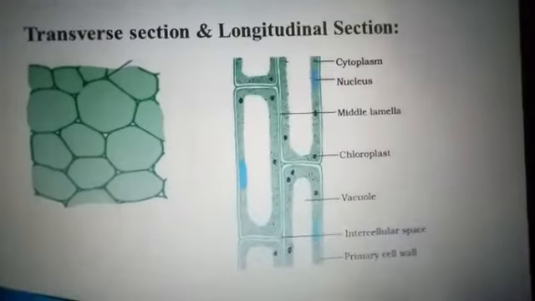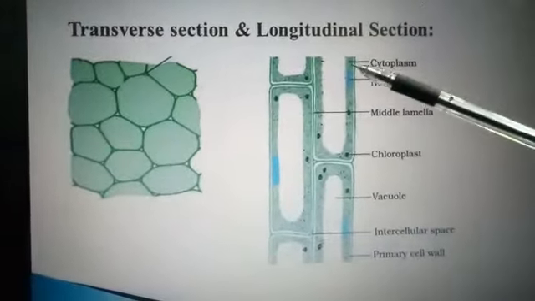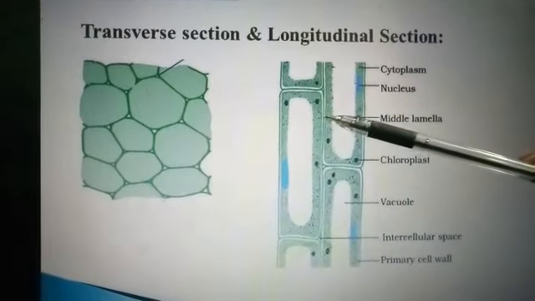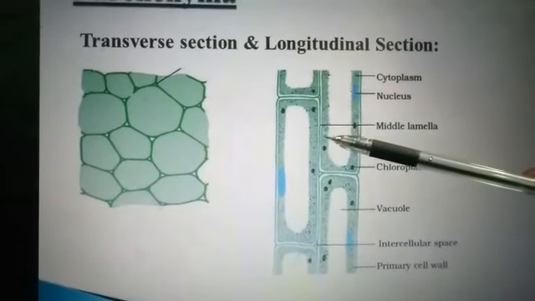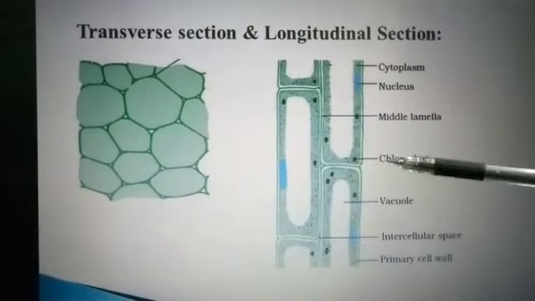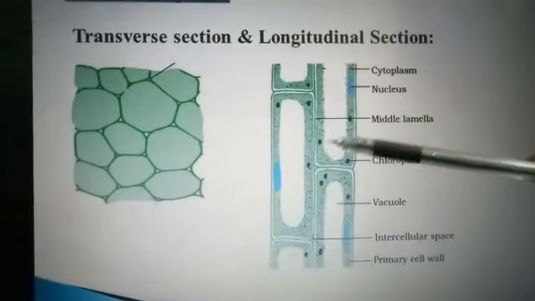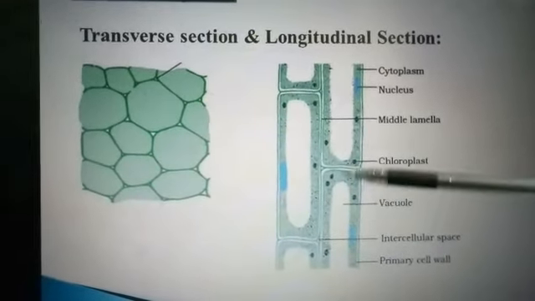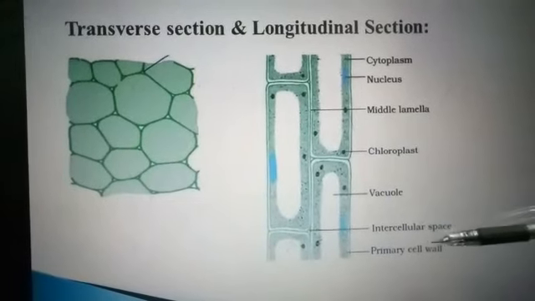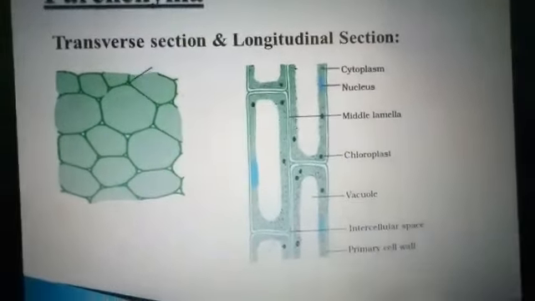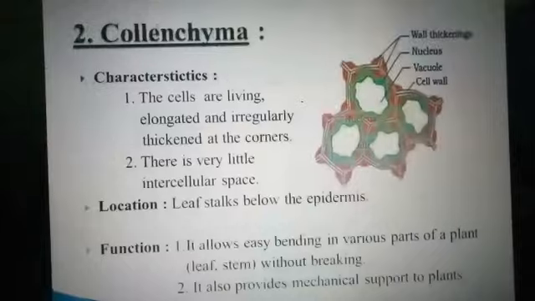So we are observing this figure. There is cytoplasm, there is nucleus, then middle lamella is one of the layers of the cell wall. Then there is chloroplast, these green color structures, and these white spaces are vacuoles. Then there are intercellular spaces, and the primary cell wall is also there.